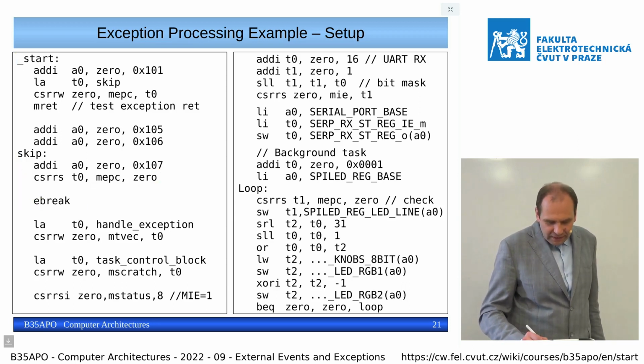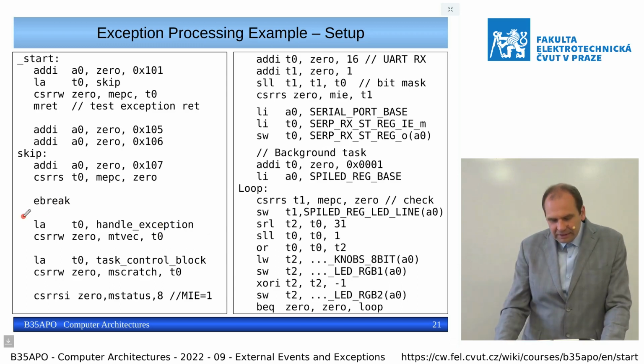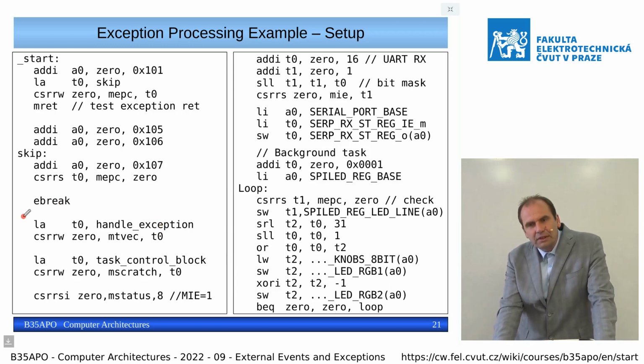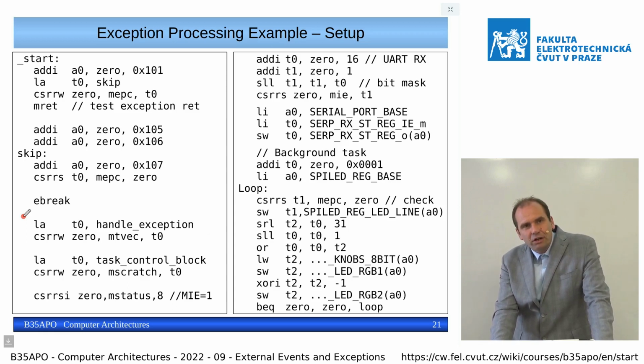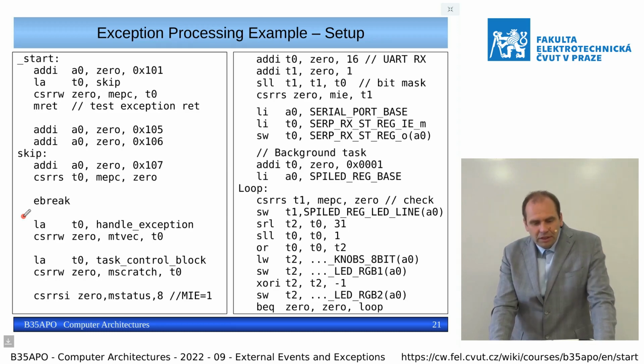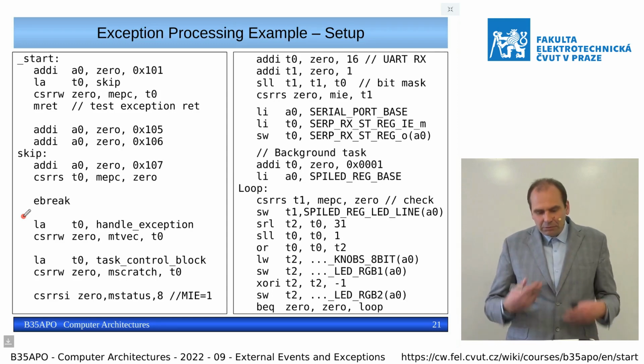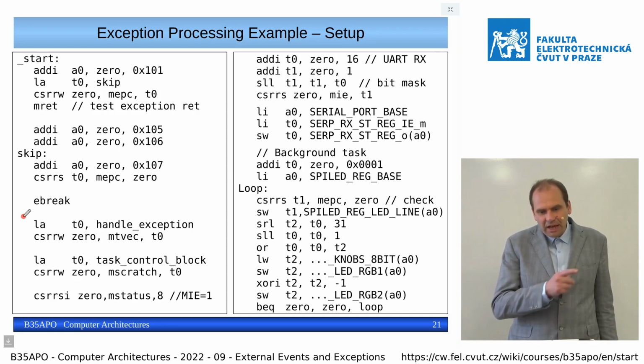Then there is the rest of the experiment, and it tries to set up a simple echo of the external incoming characters from the serial port back to the serial port. So basically we want to run some background task. In this case it will be a light snake on the LEDs.